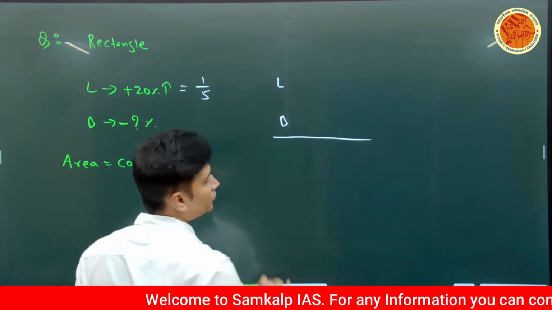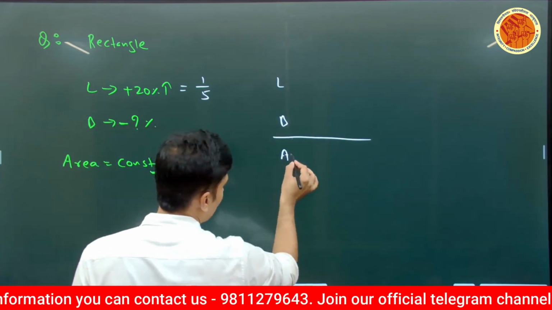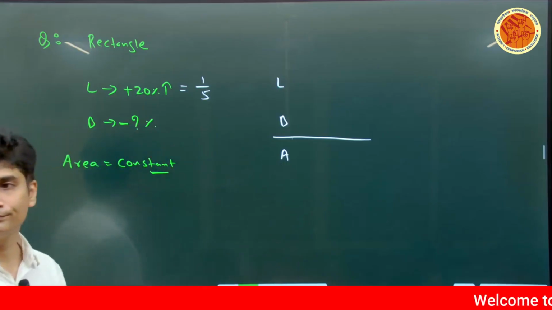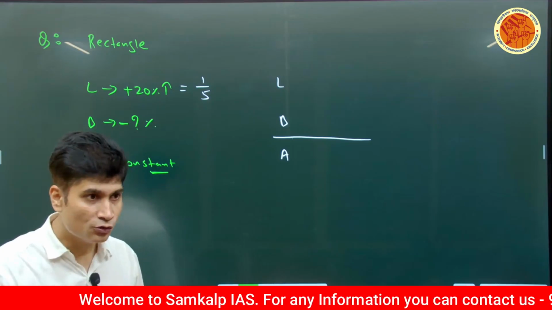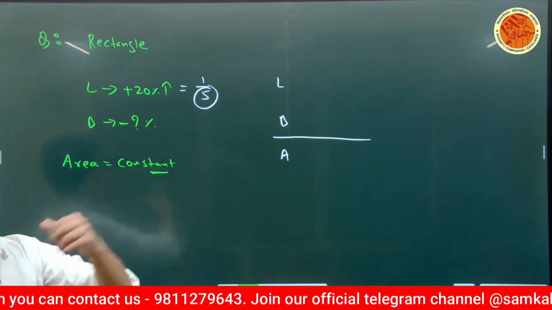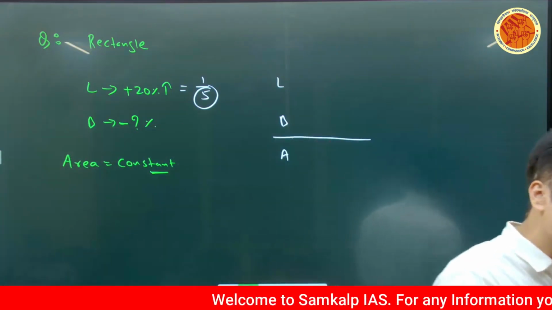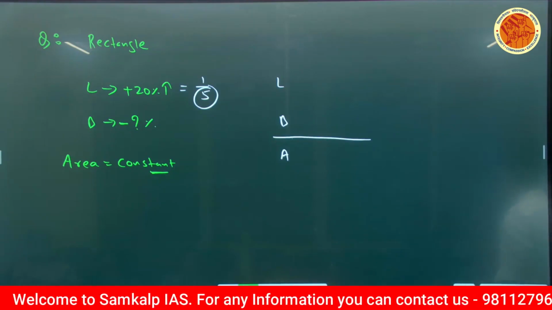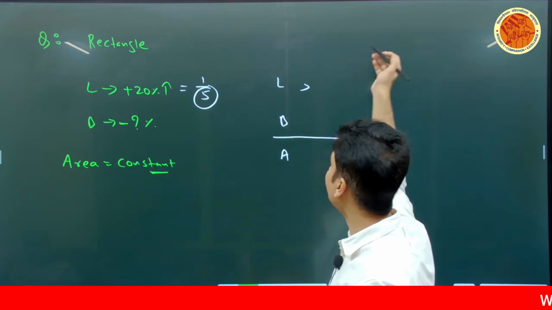Do you know the length of the rectangle? No. So you will assume here. Since you are increasing length by 20%, first write down the fraction of 20%, and then assume 5 units as the length of the rectangle.